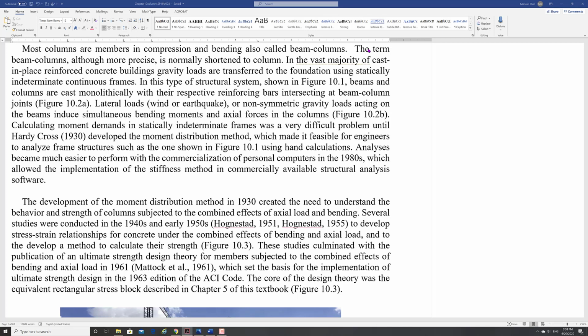But nowadays, that method is no longer used except for very small analysis of structure, maybe a 2-member or 3-member at the most structure, probably for an FE exam or an SE exam or one structural exam.